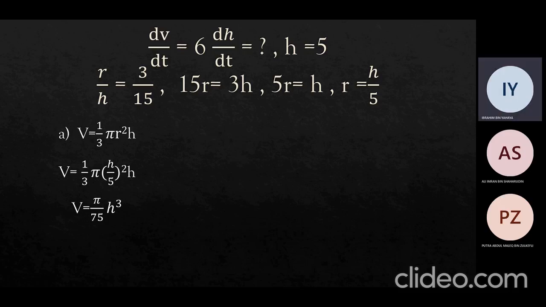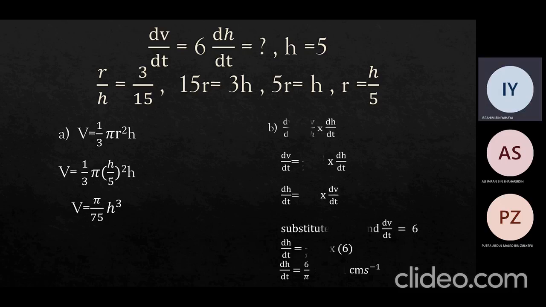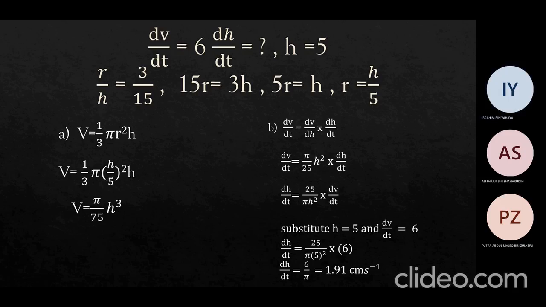Now let's proceed to solving question B, which is how fast the height is changing at the instant when the height of the water is 5 centimeters. From the question, we already know that dV/dt is 6, and we would like to find dh/dt when the height of the water is 5.